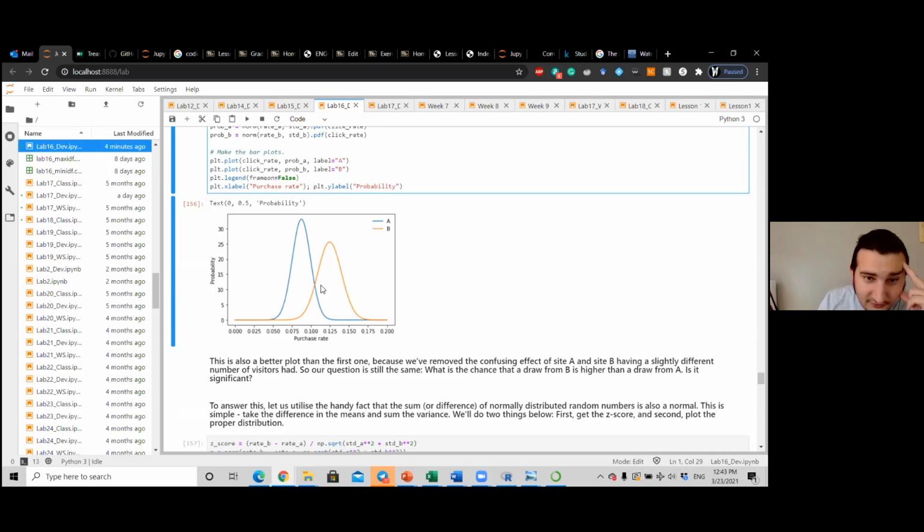So from this point to the right, B is winning. From this point to the left, who's winning? A. A is winning. So this is what you can infer from the plot.